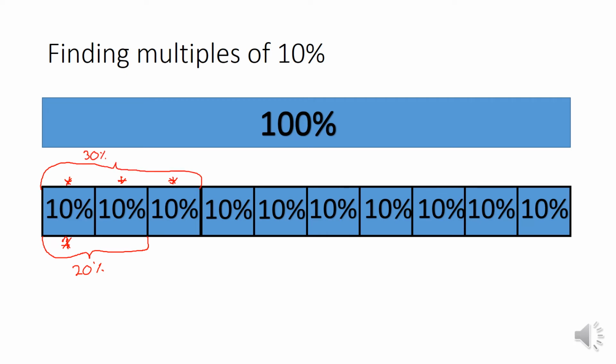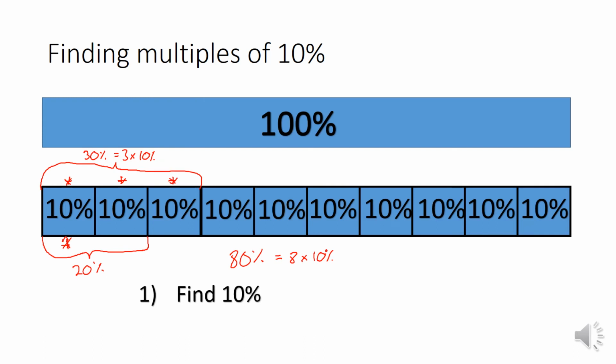So 30% equals 3 lots of 10%. So we work out 10% and then just times it by 3. So how would we find 80%? Well, that is just 8 lots of 10%.